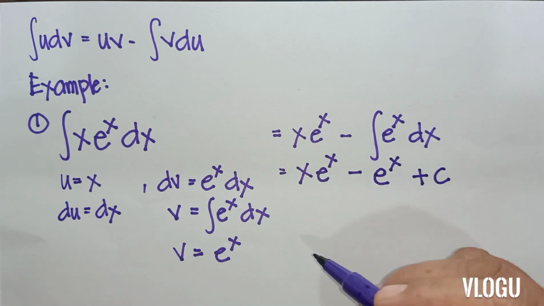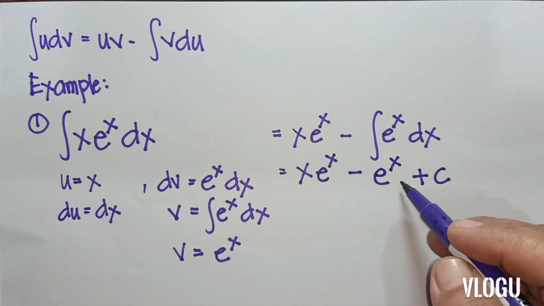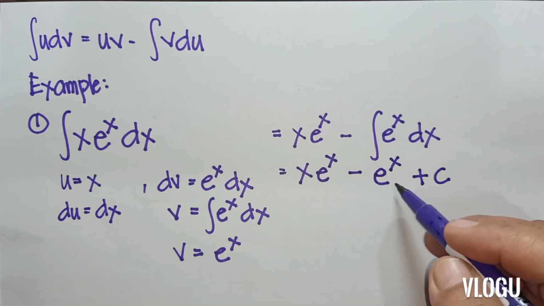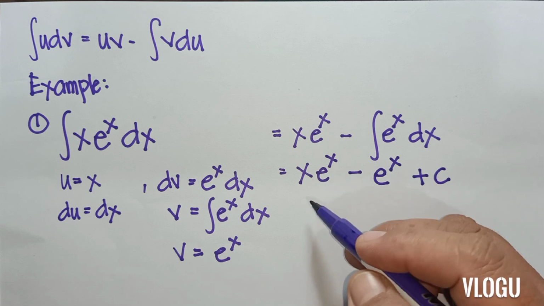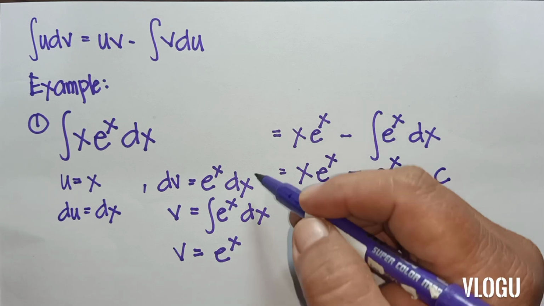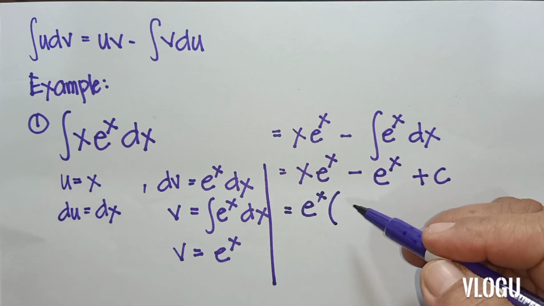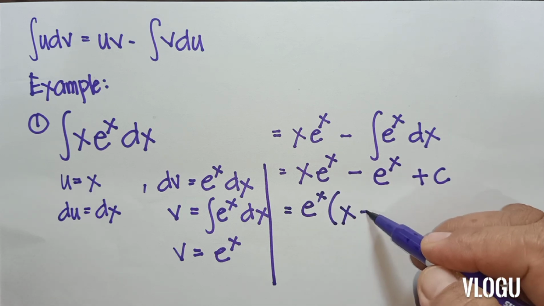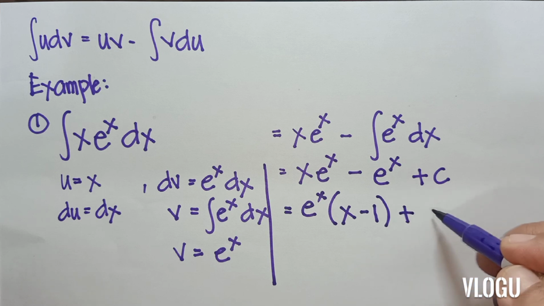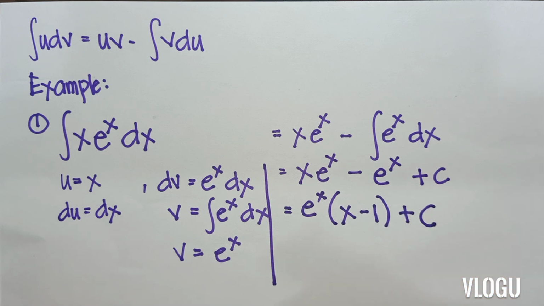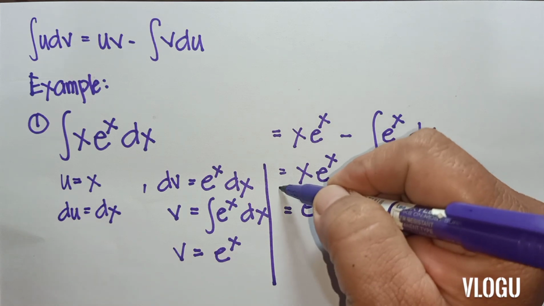In our final answer, there is a common factor, e to the x. So we will have e to the x times x minus 1 plus c. So that is now our final answer.